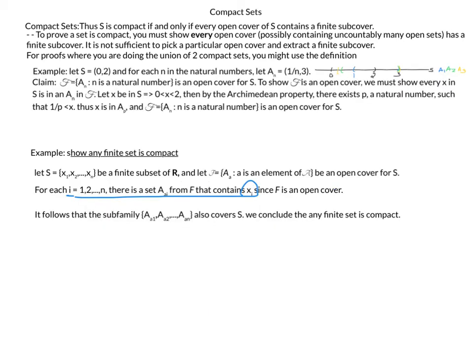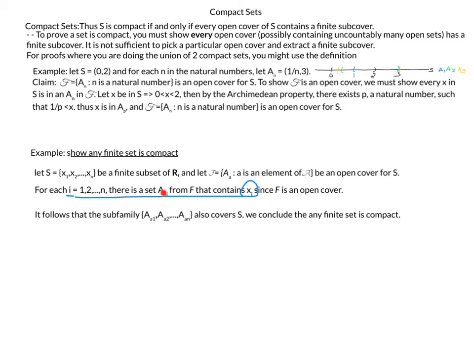And here I have this written out. So we have X equal to x1 up to xn. It's a finite subset of R. We have our family F, which is an open cover, a family of sets. And for each i from 1 to n, there's a set A sub a_i from F that contains x sub i, since F is an open cover.